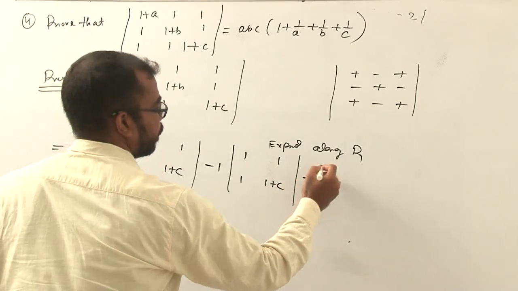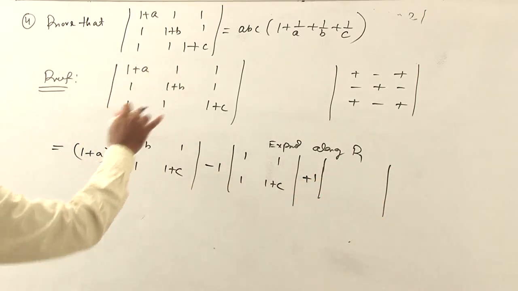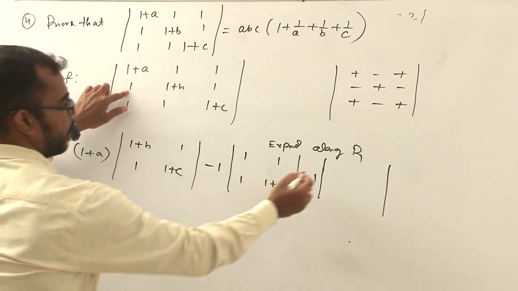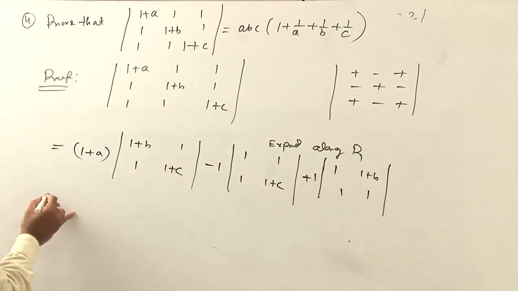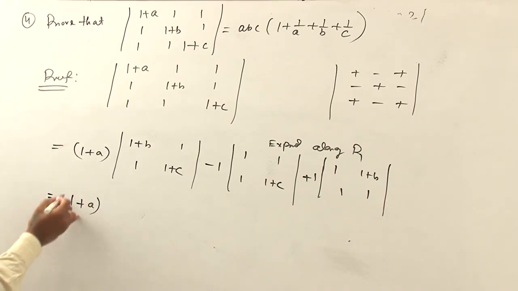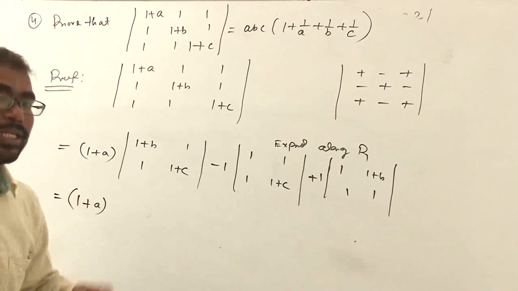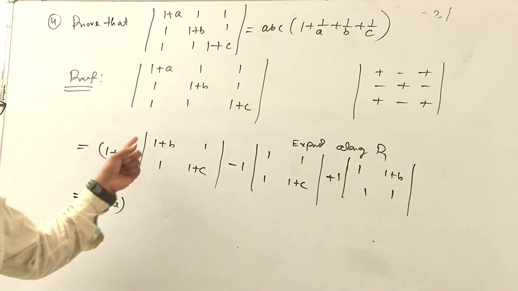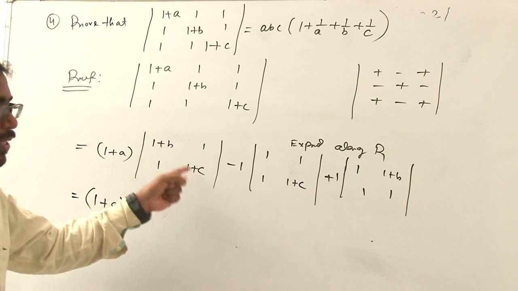So if we delete the row and column of this element, we get 1 plus B and 1. So to calculate them, first we have to convert the third order determinant to second order determinants. And as you know, how to evaluate a second order determinant: cross multiplication.